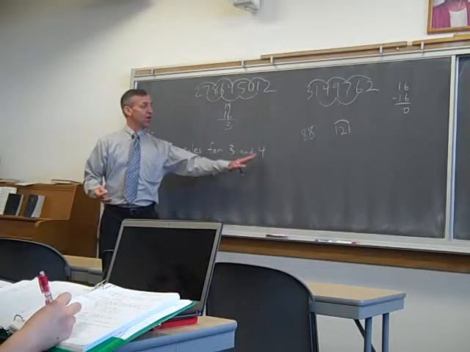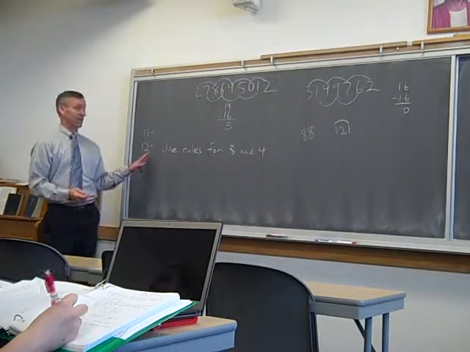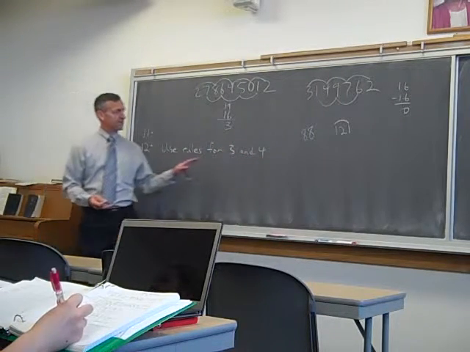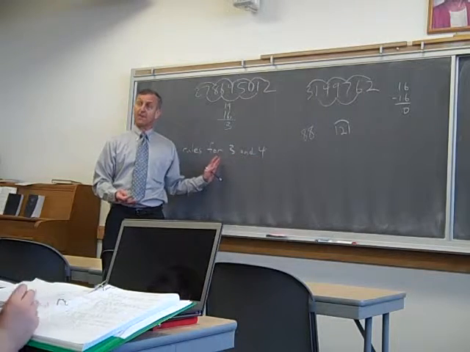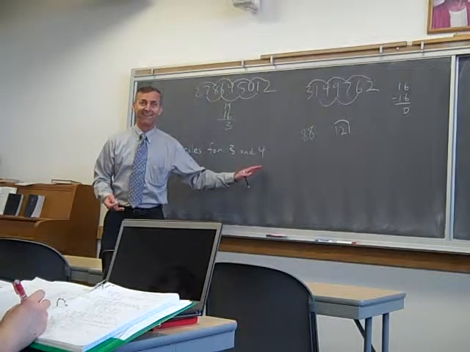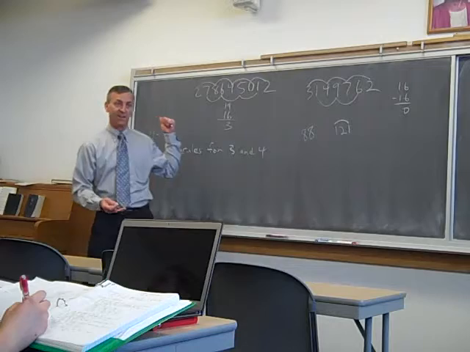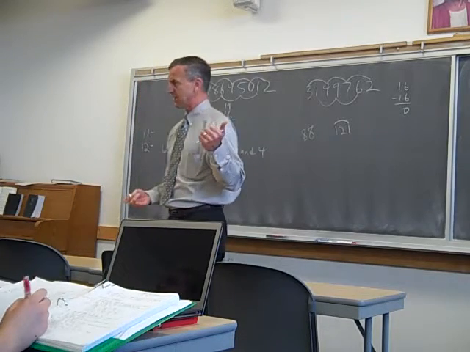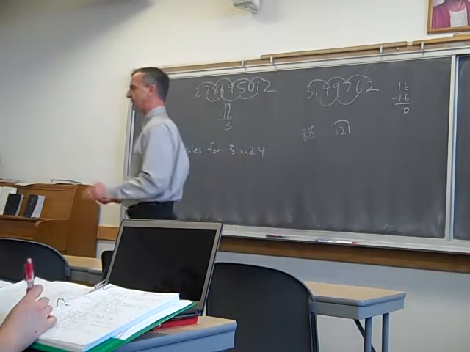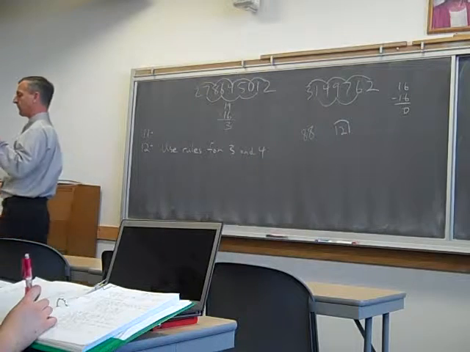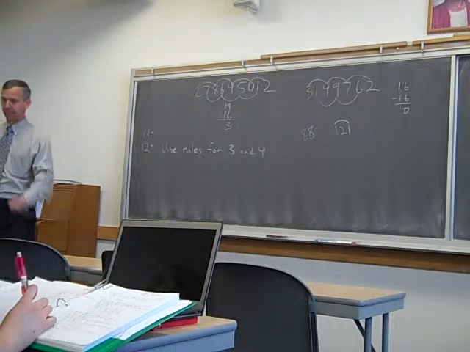If I say yes, no, the answer is no for 12. If I say no, don't even check this one, because it won't work if 3 won't. Does that make sense? You have to have both. It worked for both 3 and 4.